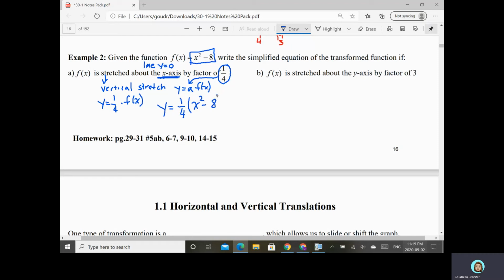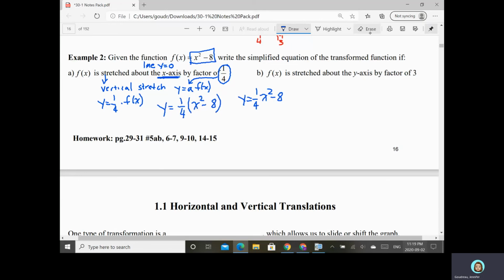Now again, those brackets are really important. If I just take the 1/4 and park it in front of the x squared minus 8 without using any brackets, I am not stretching the entire function. We want to stretch all of f at x. F at x here has two terms, which means that 1/4 is going to affect both terms.